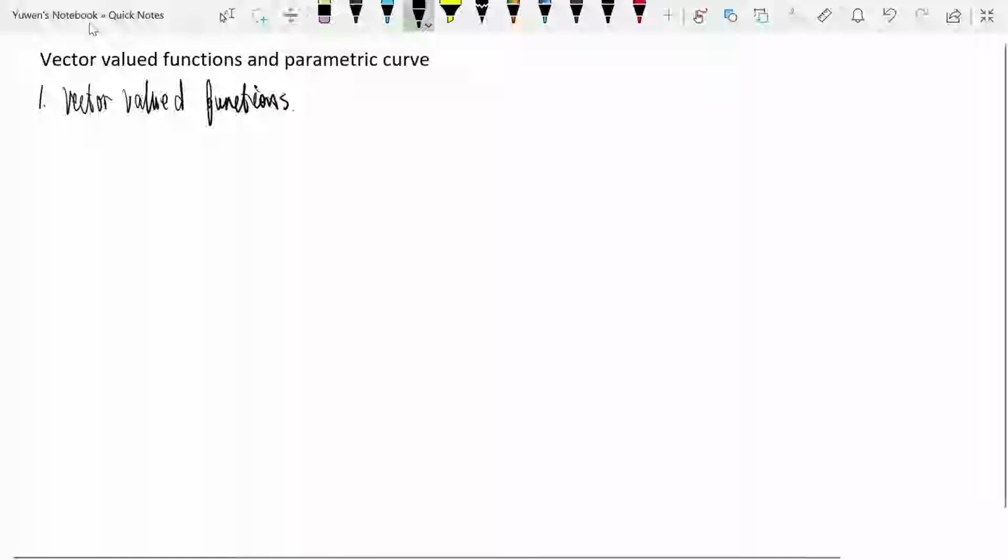Suppose there is a particle moving along space, like a plane, over some time interval. Then its coordinates are functions of time t, where t belongs to some interval.